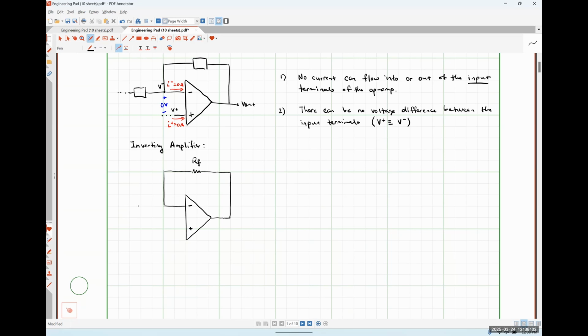I'm going to have some resistance here that I'm just going to call R1 for lack of a better term here. And I would apply my input signal to the left hand of this leg R1.